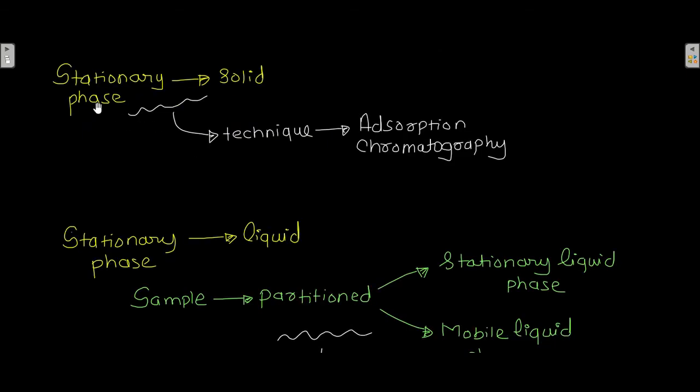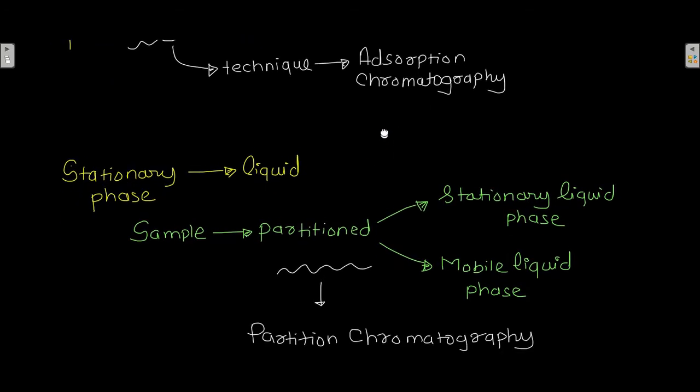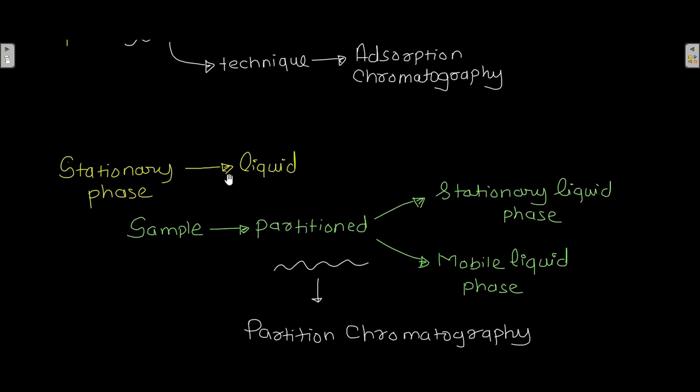Now, if the stationary phase is solid, then that technique is known as adsorption chromatography. And if the stationary phase is liquid, that is, the sample is partitioned between the stationary liquid phase and the mobile phase, then that technique is known as partition chromatography.